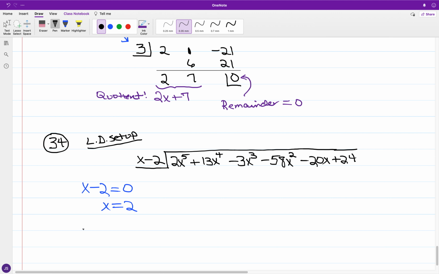So representing x minus 2, if I take what I have in synthetic division, we have the zero value of 2, and then just taking the coefficients from the dividend, so again I have 2, 13, negative 3, negative 58, as well as negative 20, and 24.